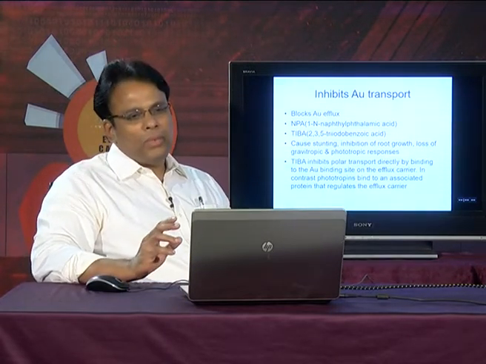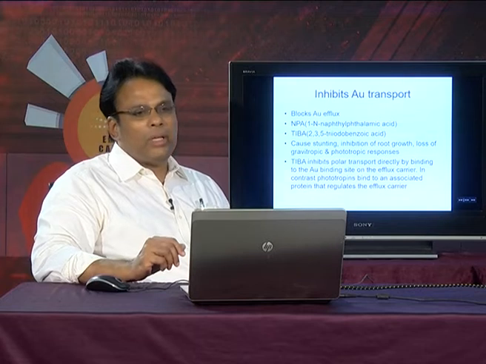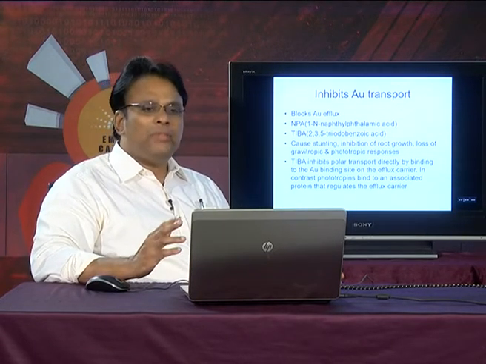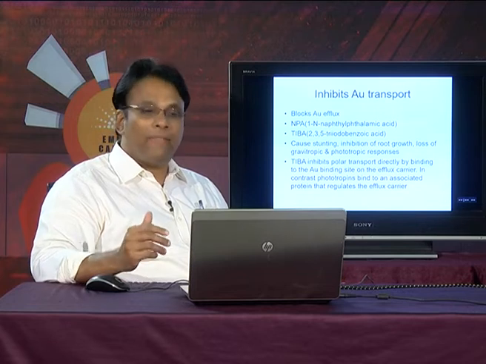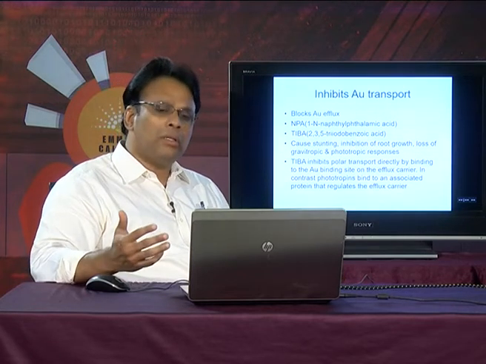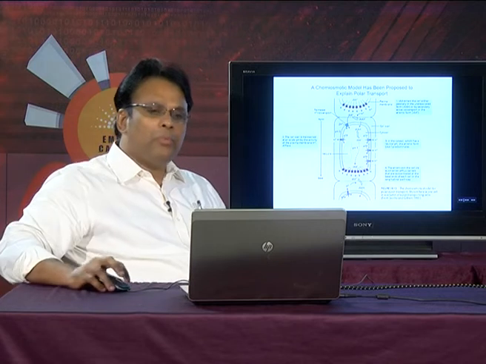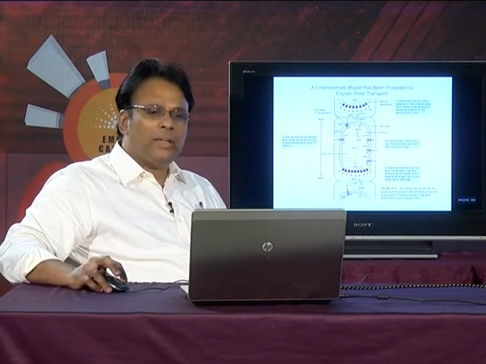Now, the auxin transport can be inhibited by certain inhibitors, which can specifically block the auxin efflux. And where does it block? You have already seen that we have the exit proteins, what you see in red.